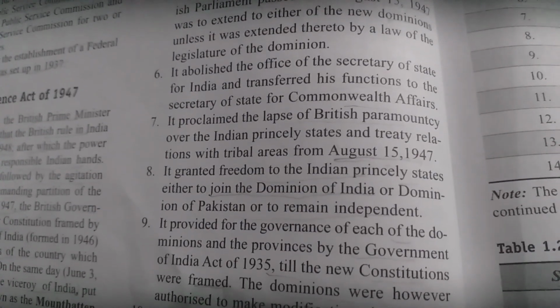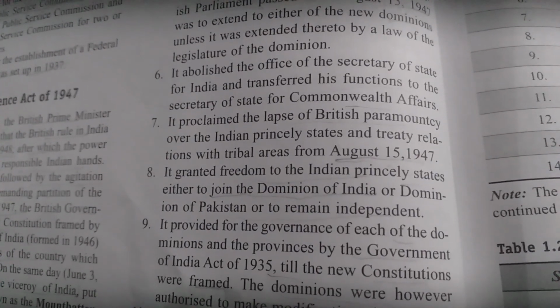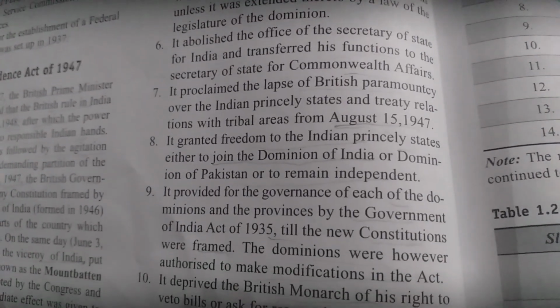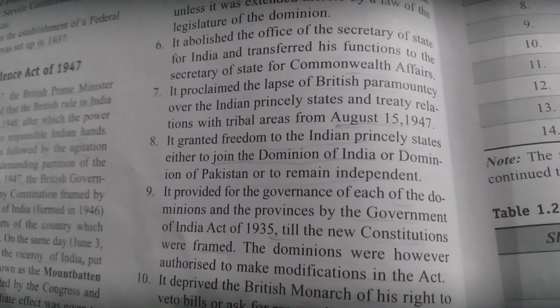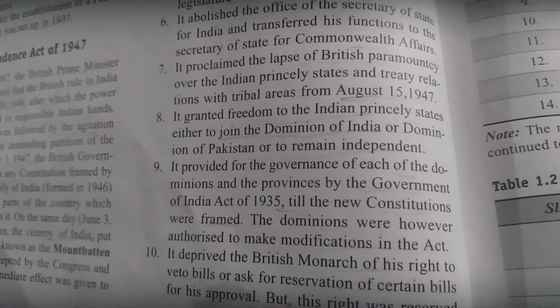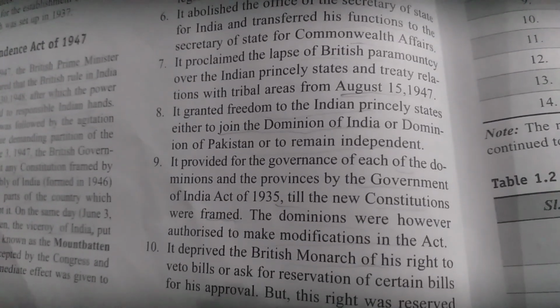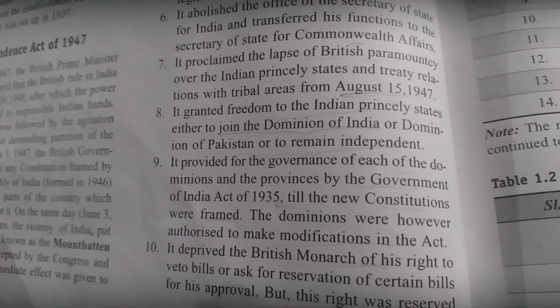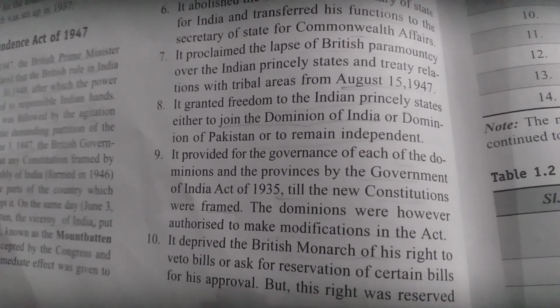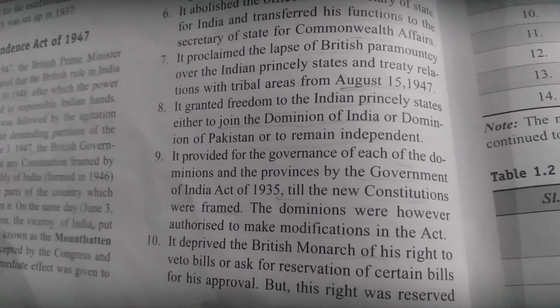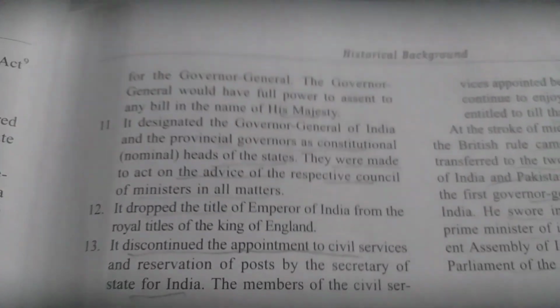It provided for the government of each of the dominions and the provinces by the Government of India Act 1935 till the new constitutions were framed. The dominions were, however, authorized to make modifications in the Act. It deprived the British monarch of his right to veto bills or ask for reservation of certain bills for his approval, but this right was reserved for the Governor General.